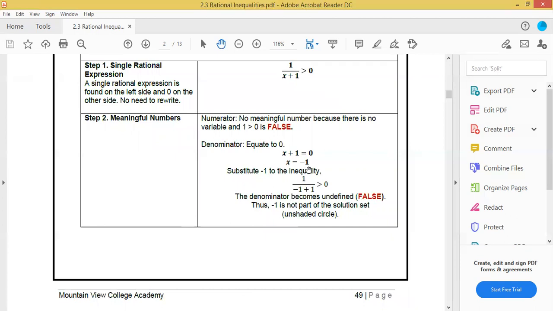We substitute negative 1 into the original inequality. With negative 1 plus 1 in the denominator, it becomes 0. So the denominator becomes undefined, and it makes the meaningful number false, or negative 1 is not part of the solution set. So we make an unshaded circle. Our meaningful number, we only have one, negative 1.